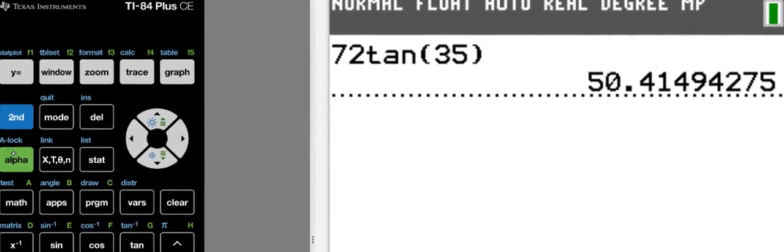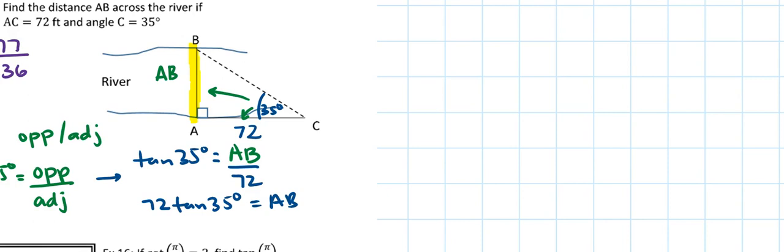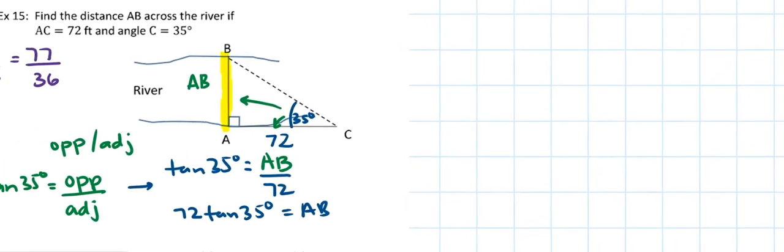And we do have ourselves an approximation. So we have 72 tangent of 35. Let's just double check what kind of units they want it in, or do they want us to round? Right now I see about 50.41 or so. And there is no specification.